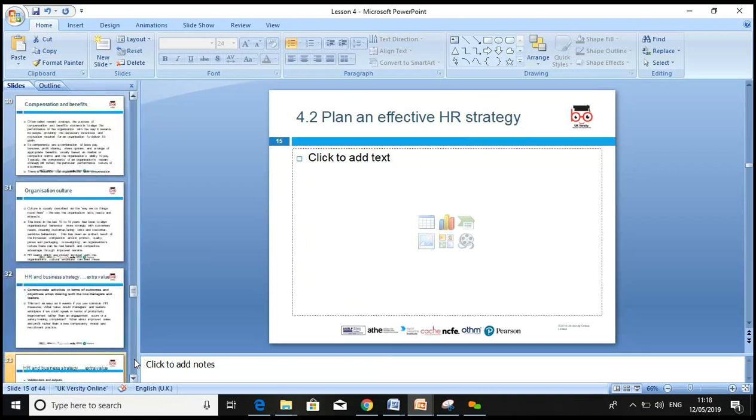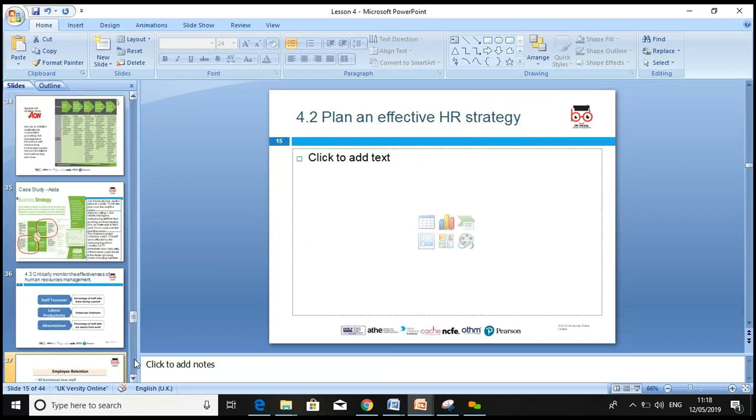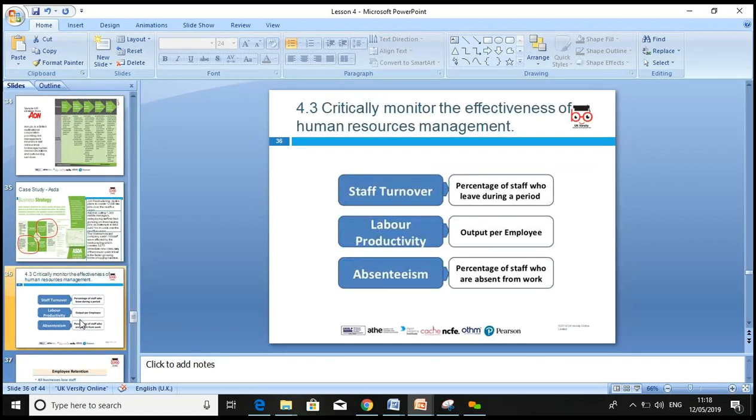And lastly 4.3, we discussed how we can critically monitor the effectiveness by looking at all these three factors. And that's all for today. Any question? No? No.